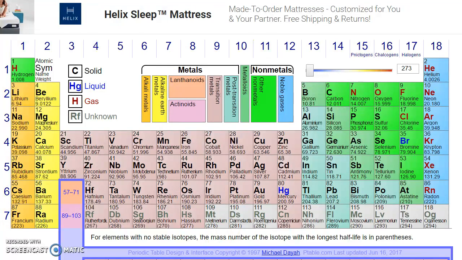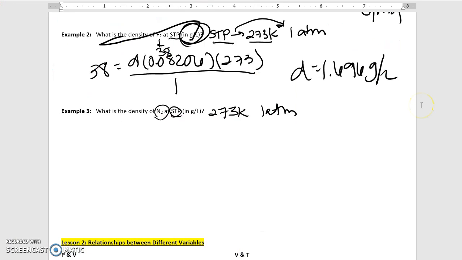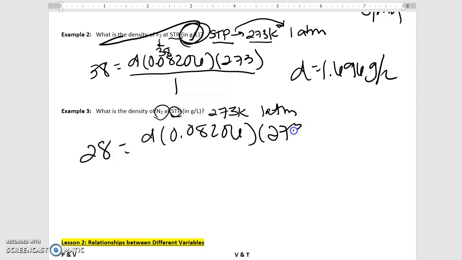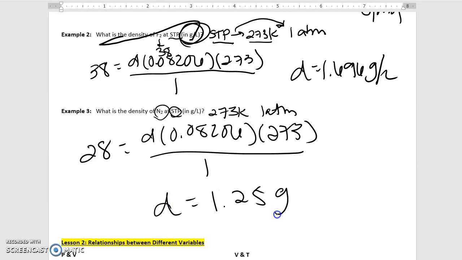So 28 is my molar mass, so 28 equals D, which I don't know, times the same R value, temperature is 273, pressure is 1 atmosphere. Rearrange, solve for D. You're looking at about 1.25 grams per liter. And that's it. You're going to get some more practice with this, so you can try it out with your own hand here and see if it makes sense to you.